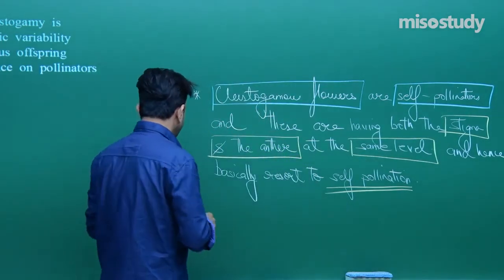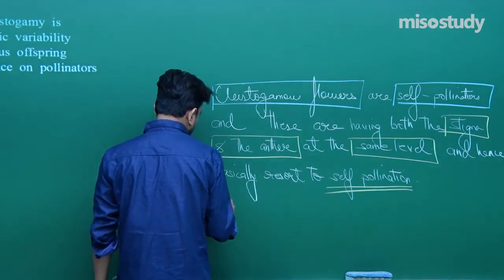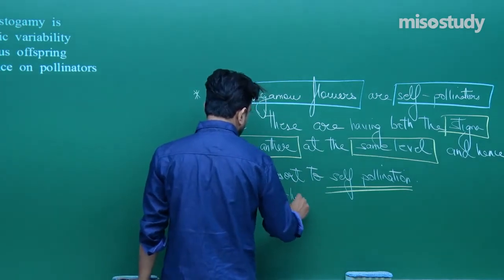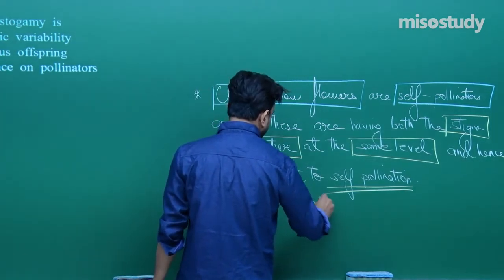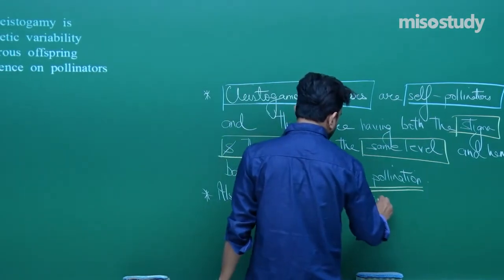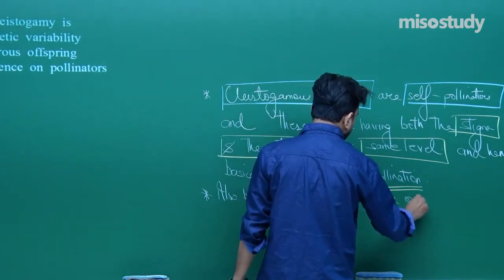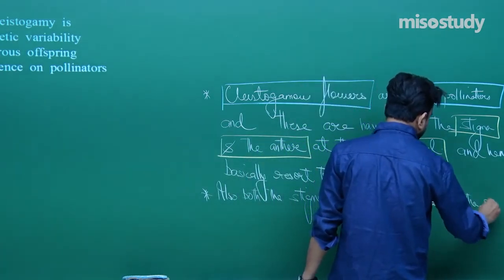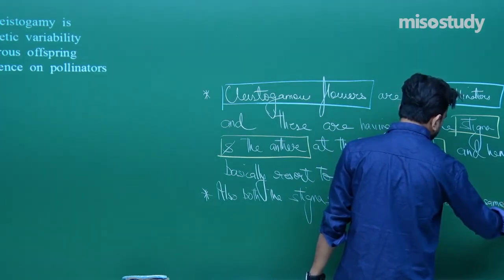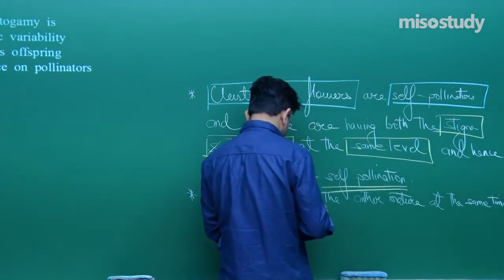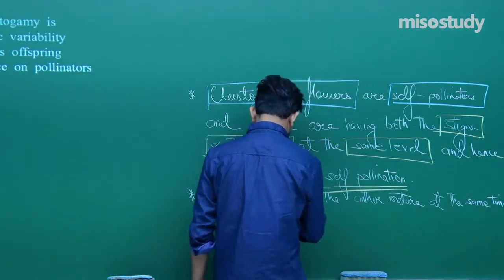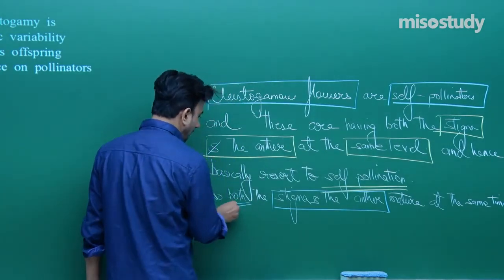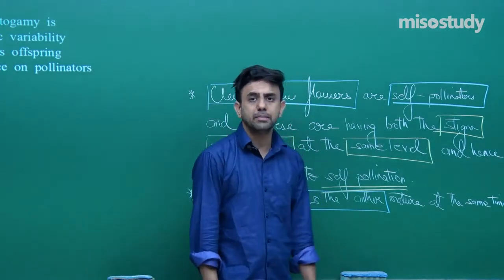So both the stigma and the anther mature at the same time.